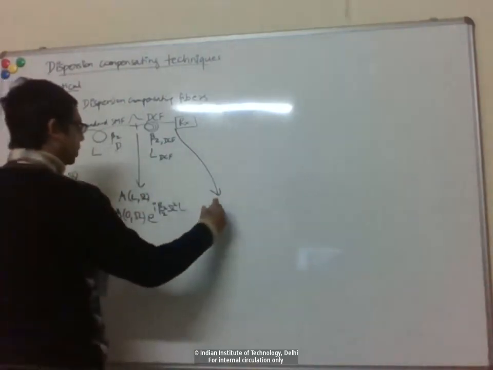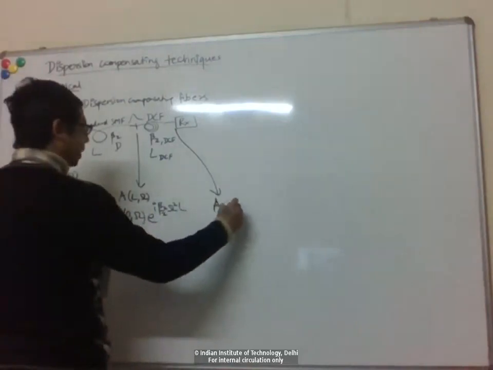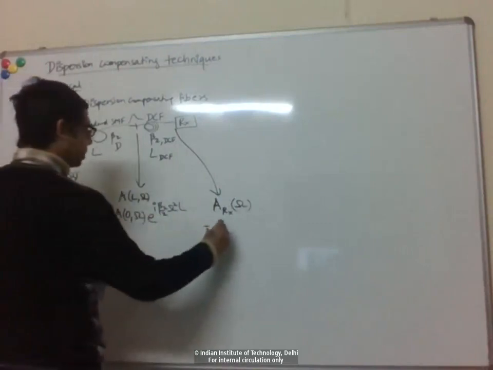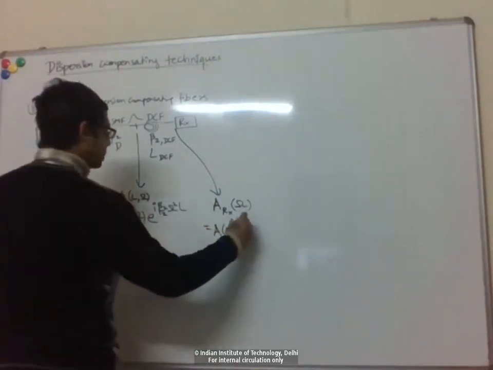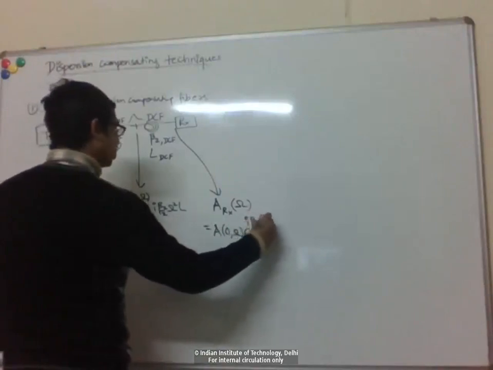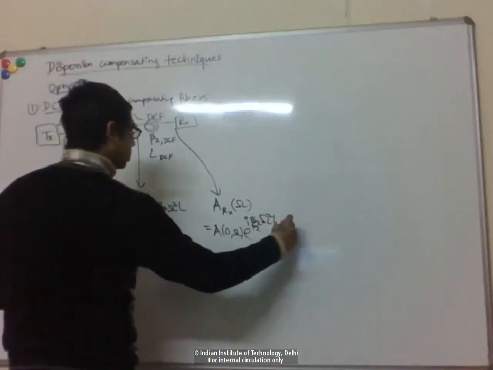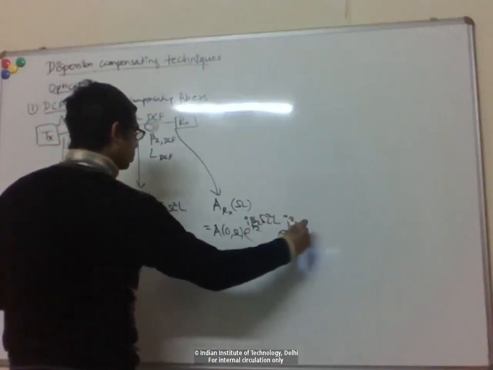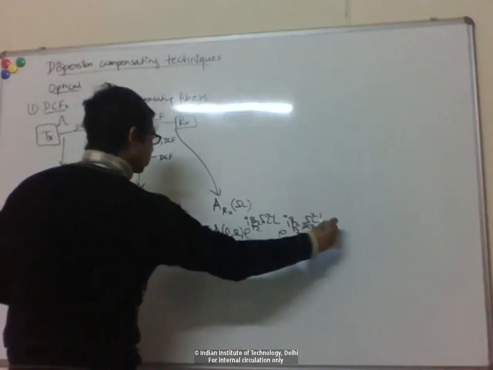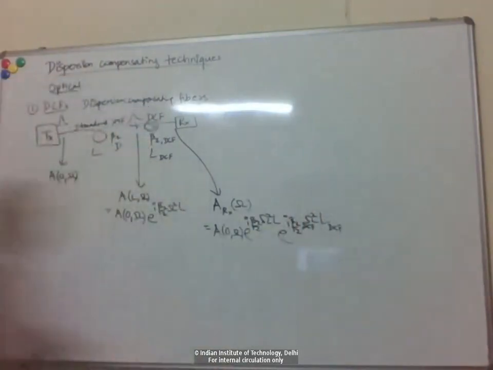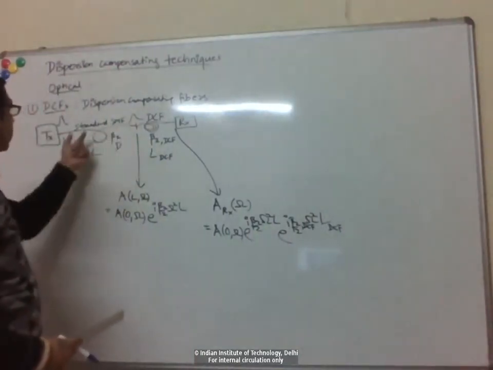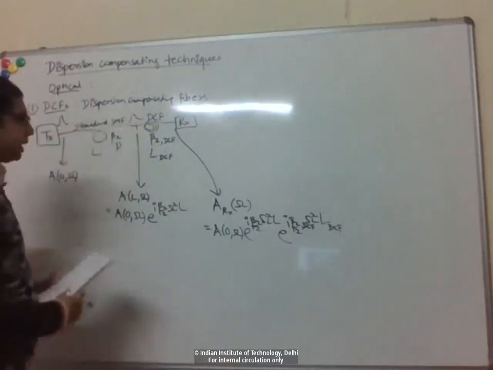So if I look at the spectrum at the receiver, that will be this multiplied by the DCF response, right?